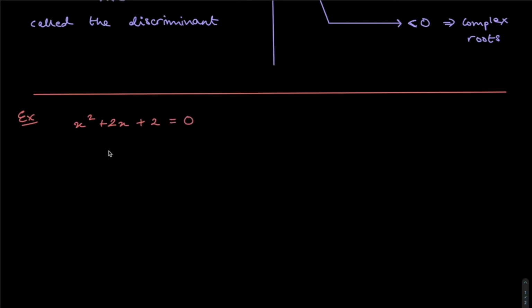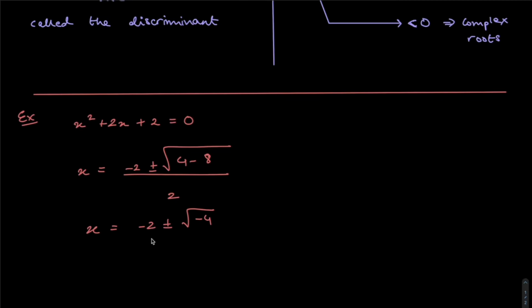The only way I can see to solve this is by using the quadratic formula. So x is equal to negative 2 plus or minus the square root of 4 minus 8, all upon 2. If I simplify this, I have minus 2 plus or minus square root of minus 4 upon 2.